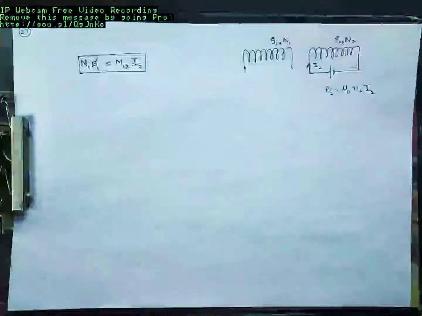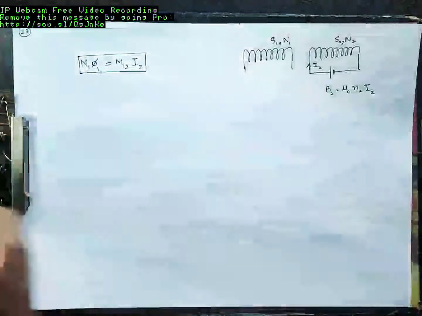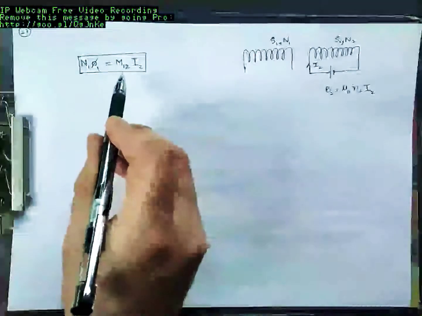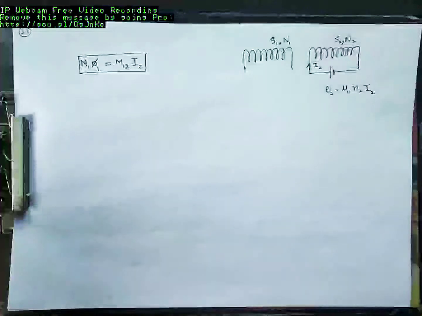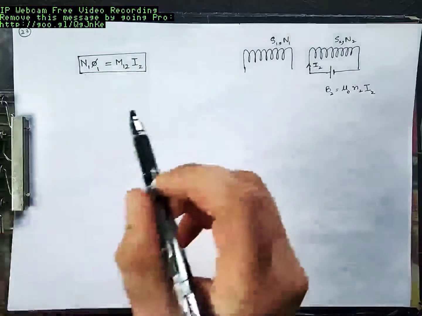In short, it depends upon the geometric configuration. That's what is known as mutual inductance. So this mutual inductance is a function of the dimensions and the orientation of the two coils or solenoids.